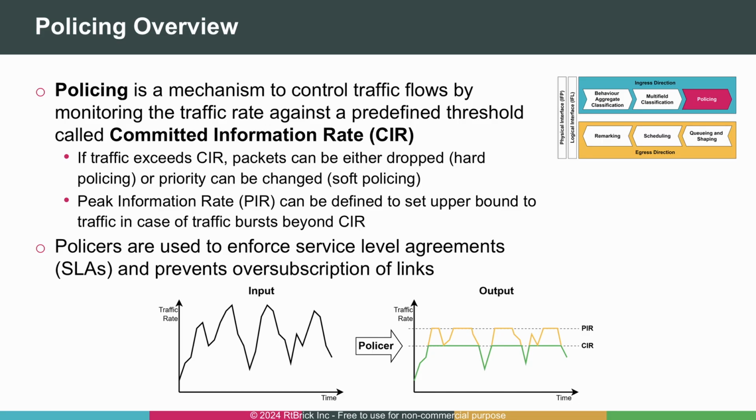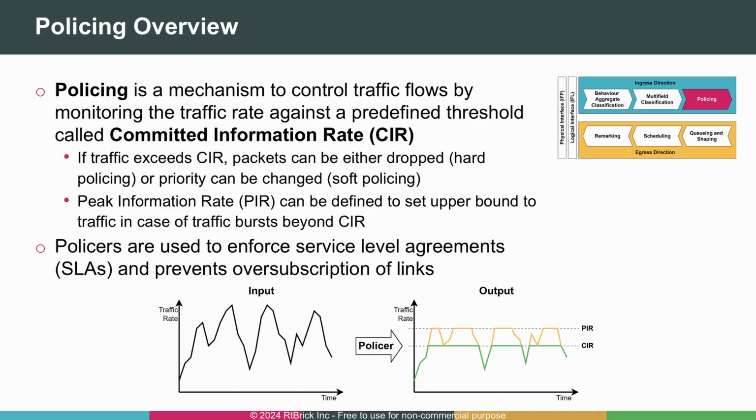If a traffic flow exceeds the CIR, the policer has 2 primary strategies to handle the excess traffic. Hard policing drops all packets that exceed the threshold, ensuring that no additional traffic flows past the CIR. Soft policing, on the other hand, modifies the priority of the packets, typically marking them with a color, often yellow, to indicate that the traffic is beyond the agreed CIR but is still allowed to pass under certain conditions.